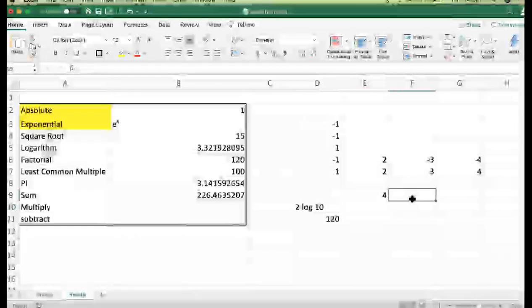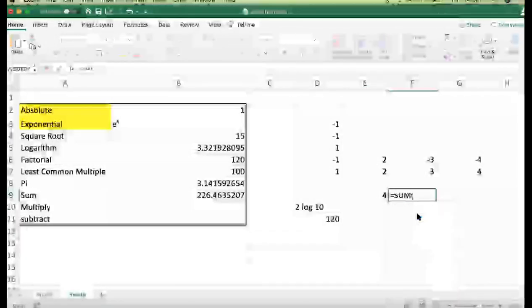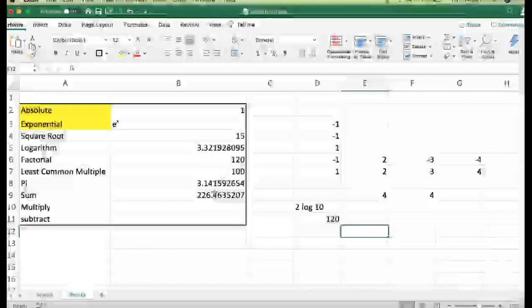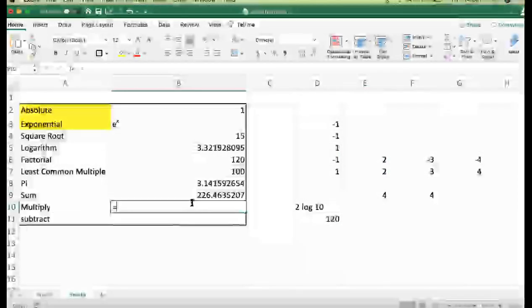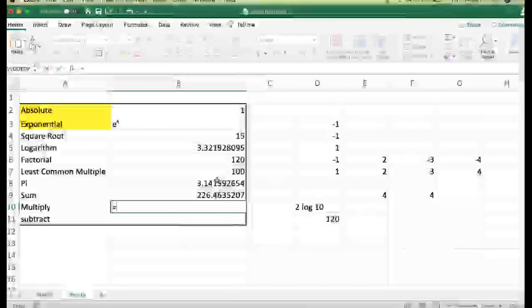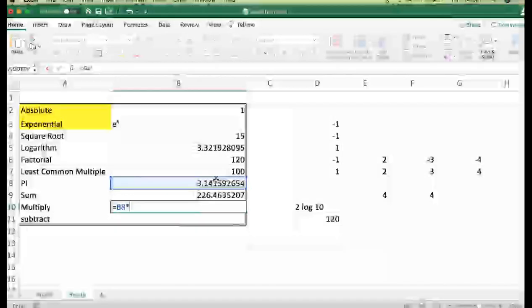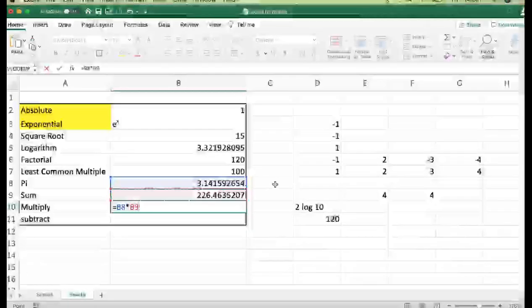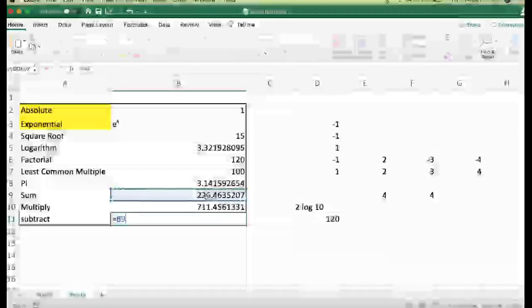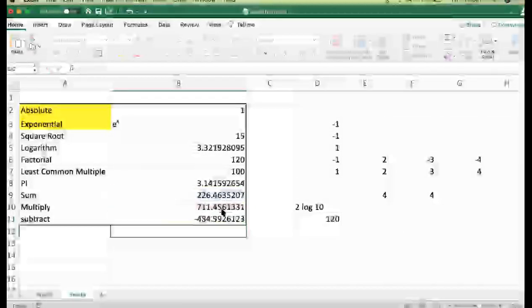Okay, if I use the formula, suppose this one 2 and 2, that is also 4. So you can do it any way. The same thing, is equal to, if you want to multiply, as I used over there as well. So I will do it for you one more time. This into this is equal to this one. If you want to subtract, is equal to simply this minus this. So you can do it this way.